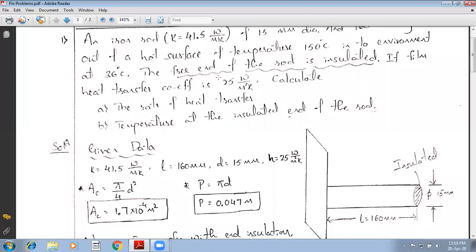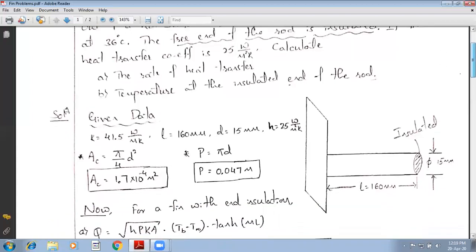Now, in problems, if he gives a long fin, then you should consider the expressions pertaining to the long fin. It may be temperature distribution, heat transfer, or efficiency. Now, in the problem, he has given the end of the rod is insulated. Hence, we should consider a fin with tip insulated.